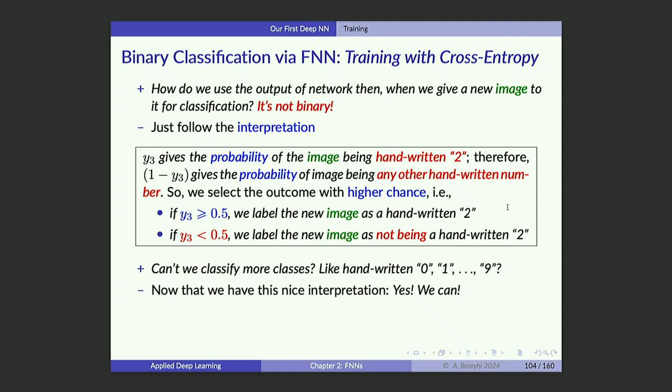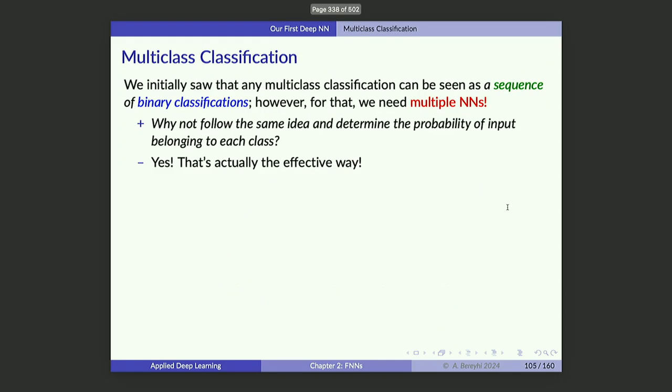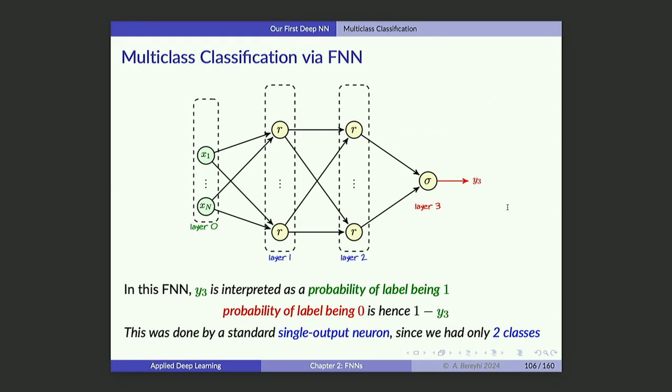So these were the modifications that we did, and then we said that we should now interpret the output of the neural network to be a kind of probability. So this y3, which is the output, is no longer 0 or 1, but a number between 0 and 1, and it gives you the chance of your input being number 2 or anything else, right? Clear?